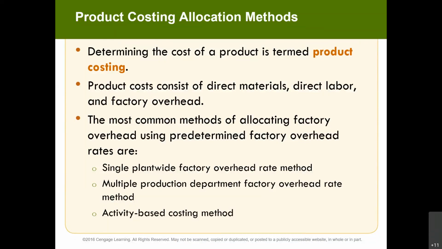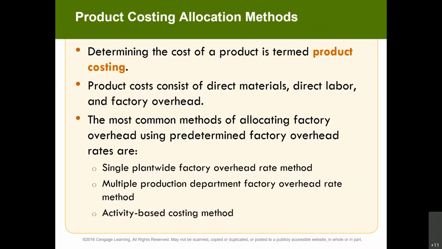So determining the cost of a product is called product costing, as you know. What goes into a product cost? We've discussed this multiple times. As you know, product cost consists of direct materials, direct labor, and factory overhead.